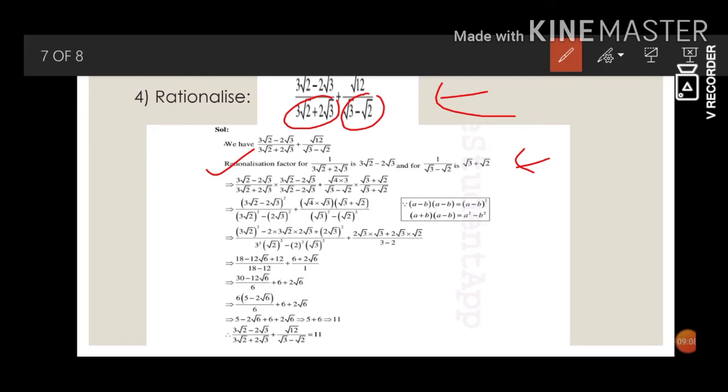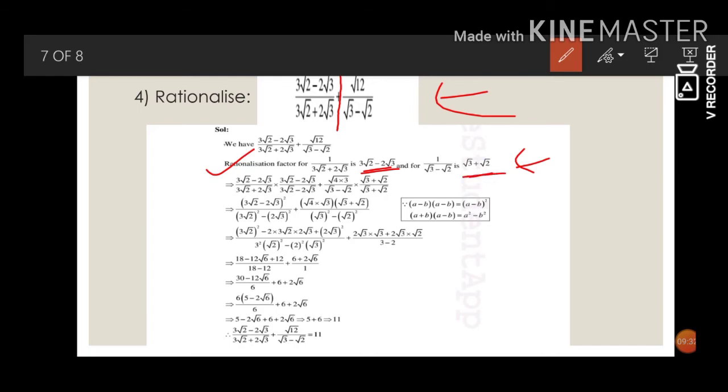So you can see the first term is divided into two parts. Before plus there is one number, after plus there is another number. So before plus we have multiplied with its conjugate, and after plus we have multiplied with its conjugate.